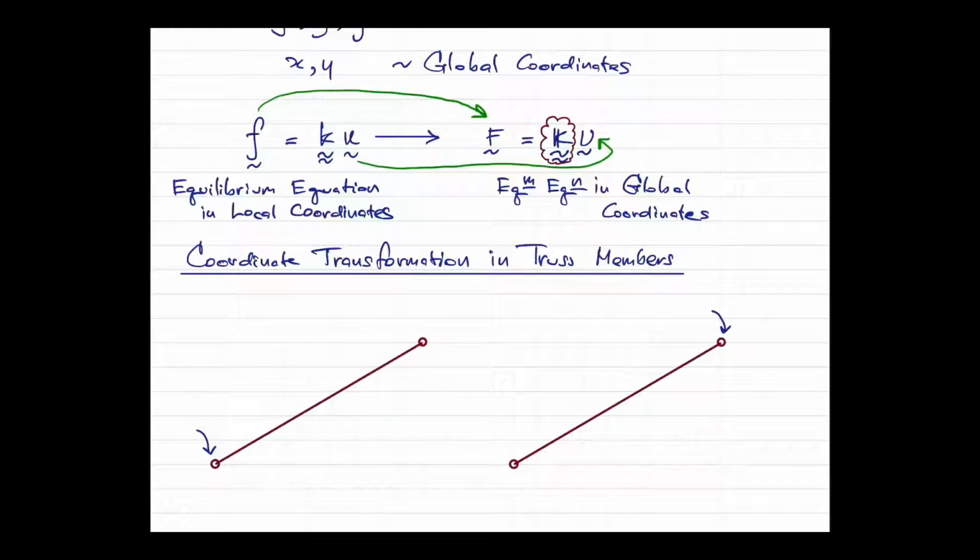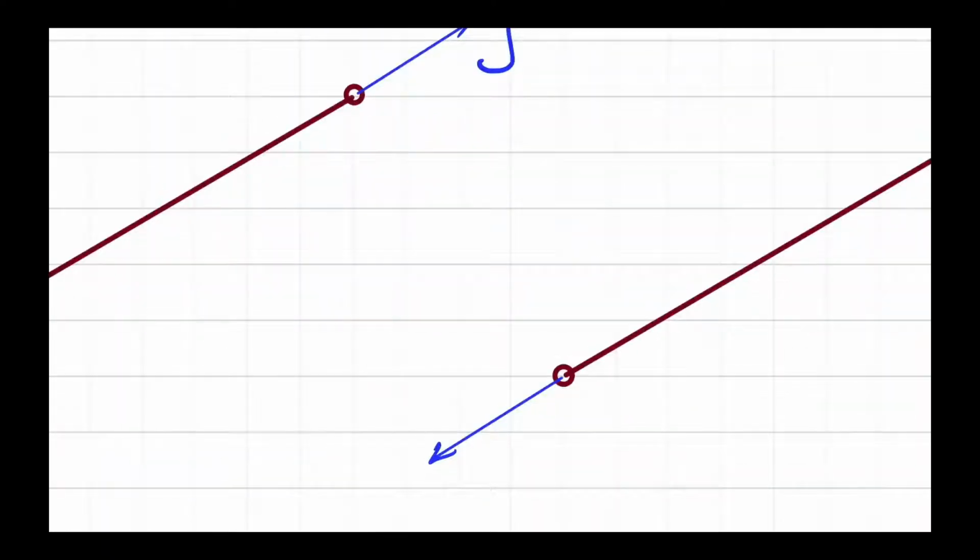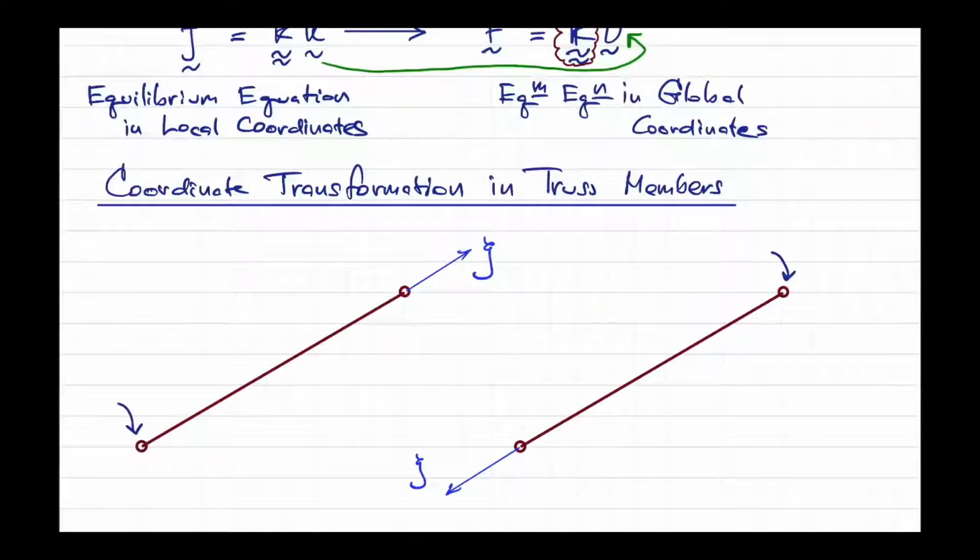So if we are in the left case, left hand side, we are going to see the local coordinates orientation that look like this, and another one is going to look like that. So here is your C and another one.